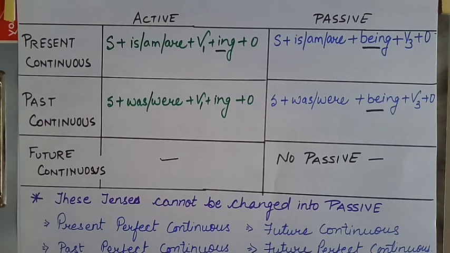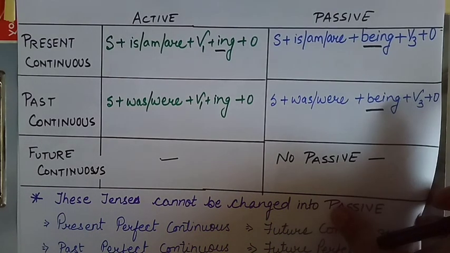Now, the thing you all should remember: we cannot change present perfect continuous, past perfect continuous, future continuous, and future perfect continuous into passive voice. These four tenses cannot be changed into passive voice.